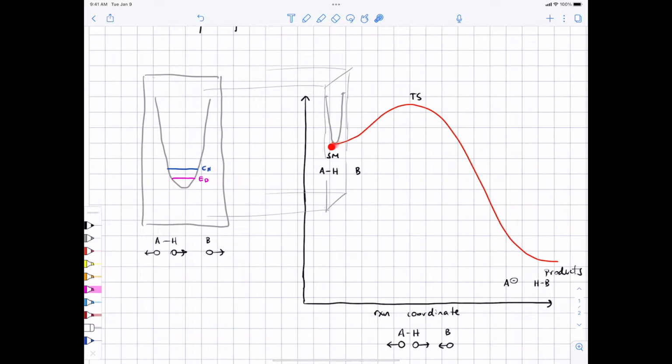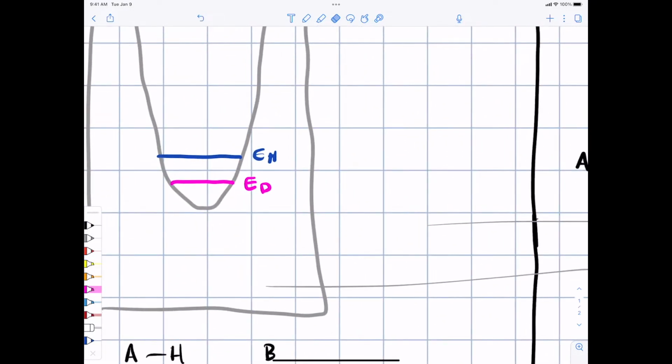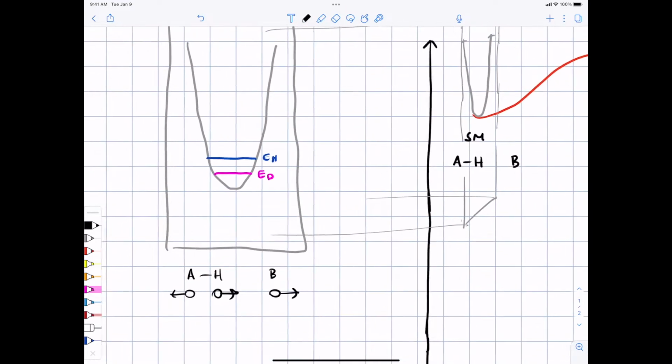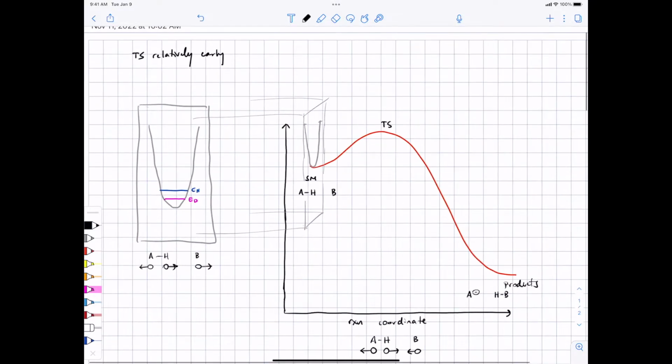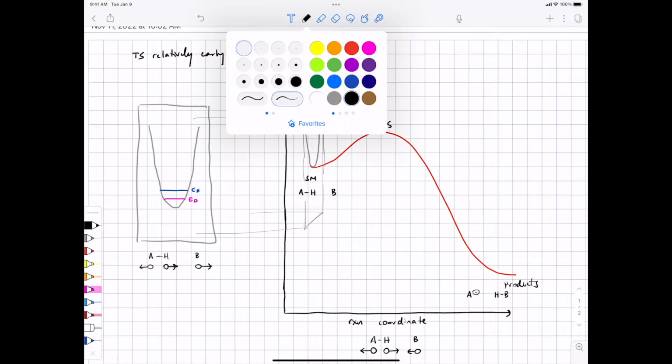So we're taking sort of a slice of this pathway perpendicular to it and seeing vibration in some direction, and that vibration will have some energy difference between EH, the zero point energy for hydrogen, carbon-hydrogen bond or whatever hydrogen bond, and the zero point energy for the deuterium bond. Now let's look at the transition state, okay?